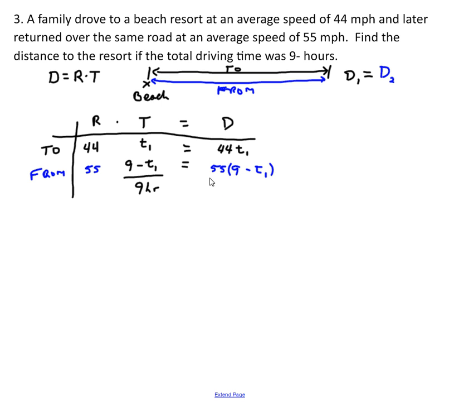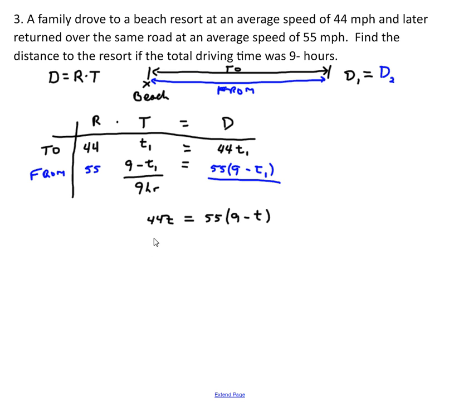And when we put those two things together, we get our distance, both to and from. So this allows us to set it up so that we're solving 44t is equal to 55 times 9 minus t as our driving distance each way.